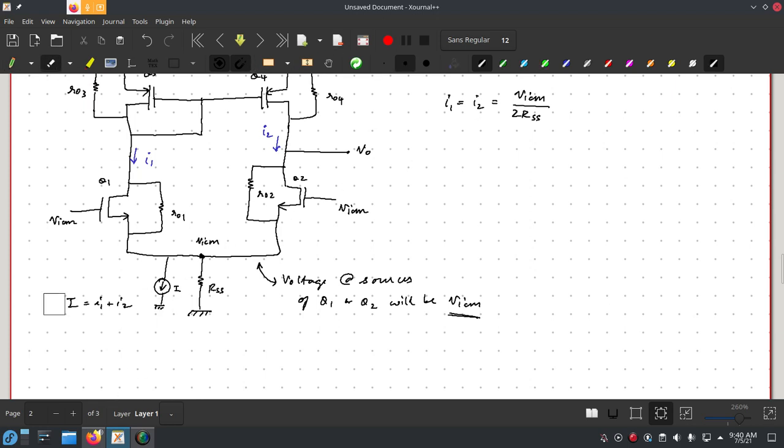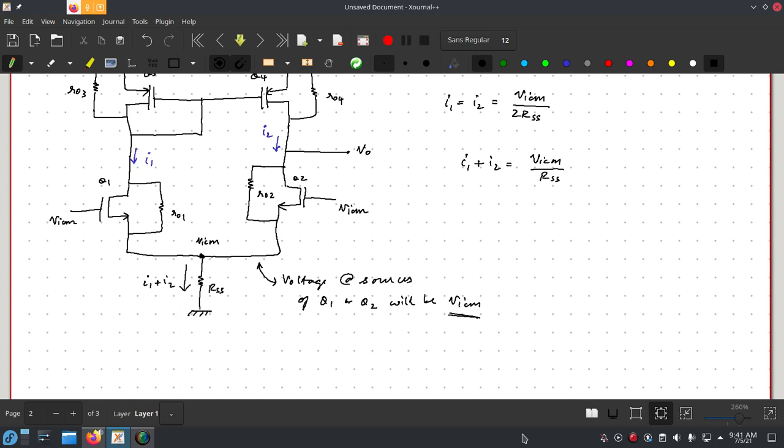If you add I1 plus I2, you should get VICM by RSS, which is the same current flowing through RSS. That is why I'm assuming I1 and I2 to be the same, meaning it is perfectly balanced. The Q1 wing and the Q2 wing are completely balanced, and through both of them the same current will flow.